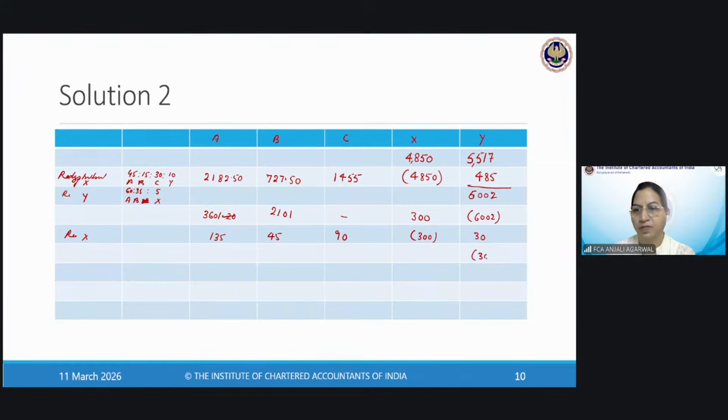Then you will distribute 30. 60% of 30 is 18, and 10.50, and 5% is 1.5. Maybe you can distribute this 1.5, again redistribution, and so on.